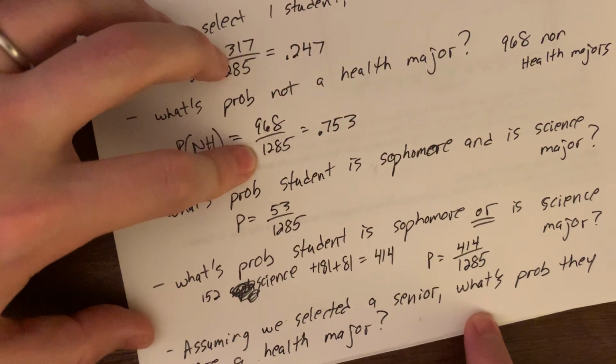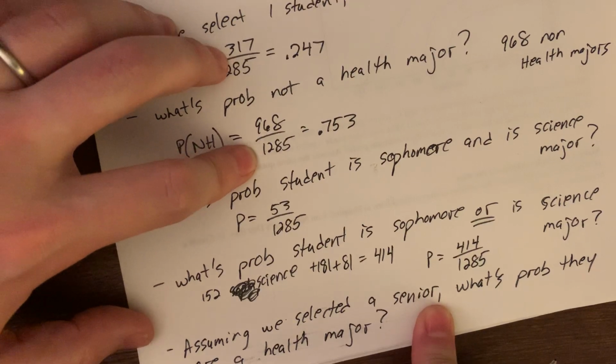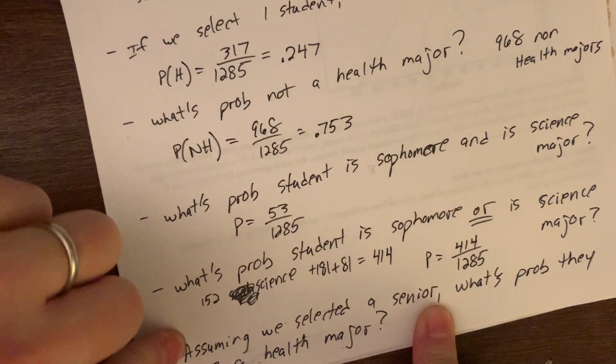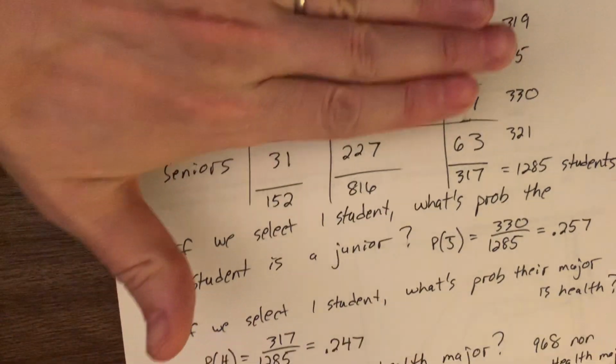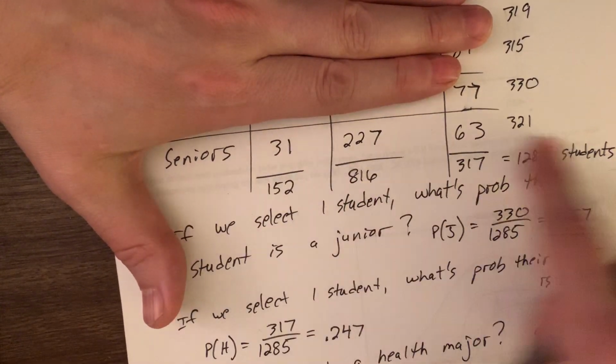The biggest difference in this question is the extra assumption. Now we're not looking at picking any student from our group. We're specifically assuming that we selected a senior. So basically going back up to our chart, everybody up here is now not being considered. We're only looking at the seniors.